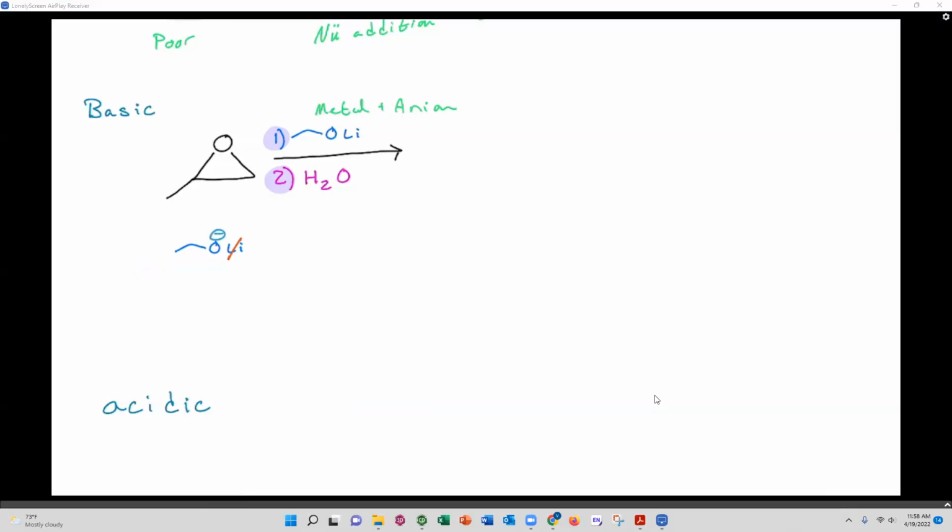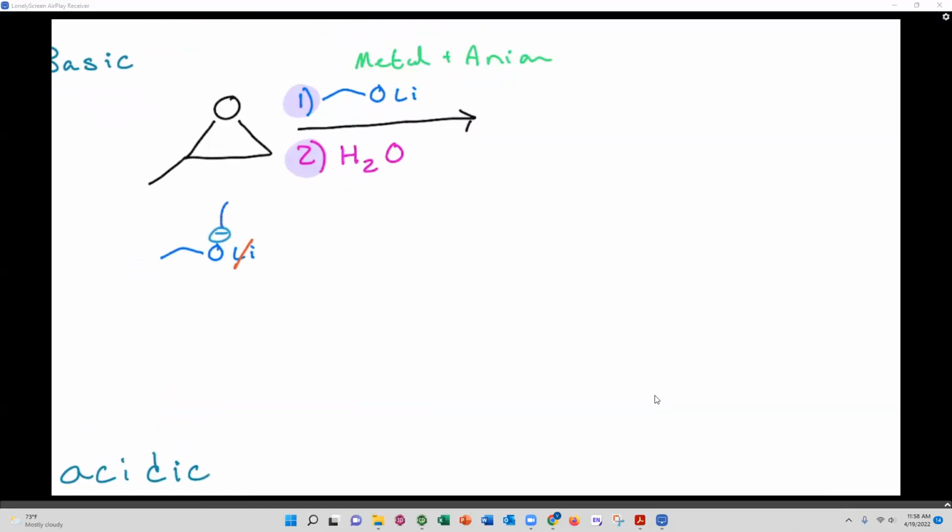And so the way this happens is I have nucleophilic attack of the least substituted carbon. Once that happens, epoxides are relatively stable, but they're also highly reactive due to ring strain. And so once that happens, we're going to break this bond and pop open the epoxide.